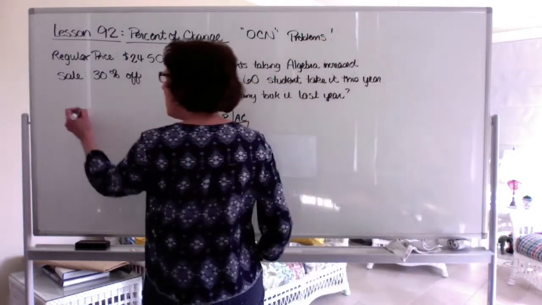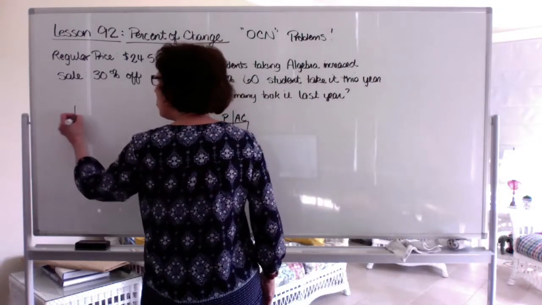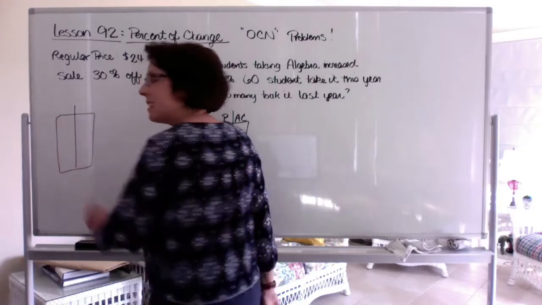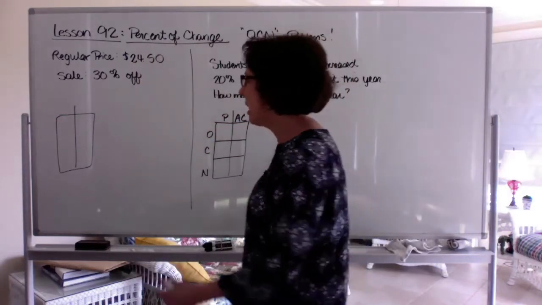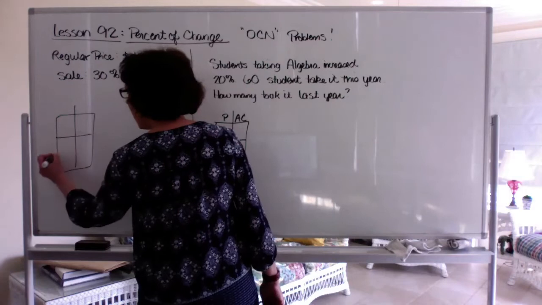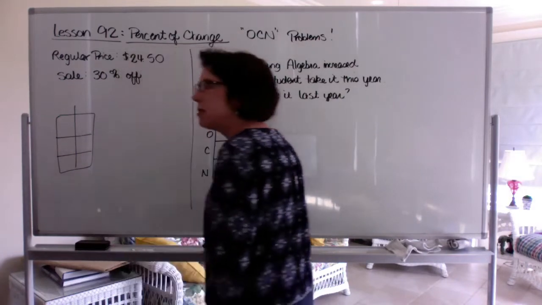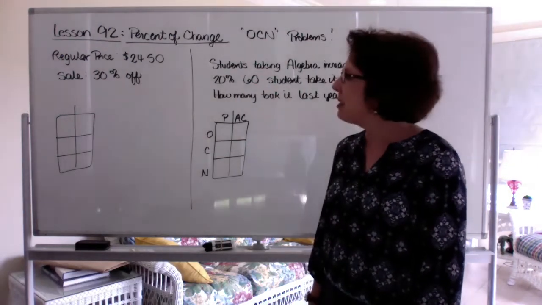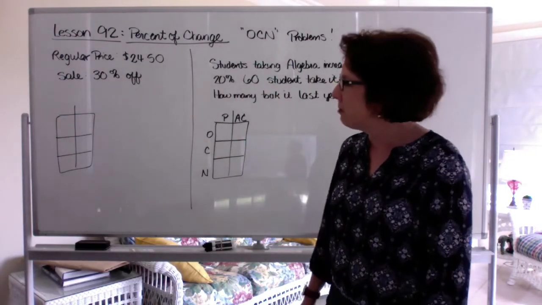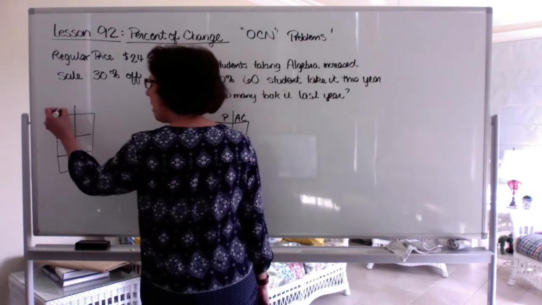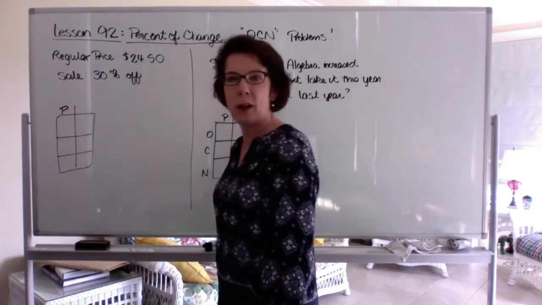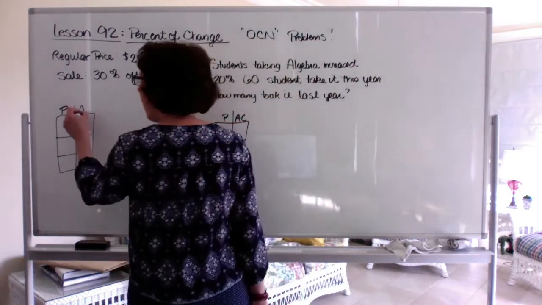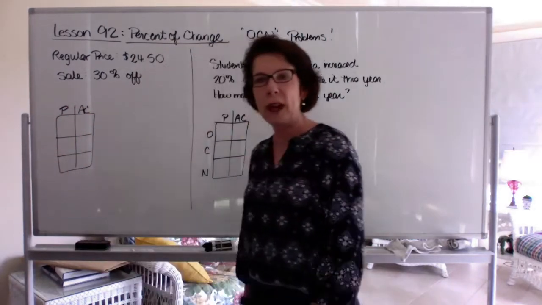So the way we do these ratio boxes is a six-section box. So I'm going to go ahead and do my 6 sections. We have another 6-section box where we've done ratio totals, but this is for percent of change. Now I'm going to put percent up here instead of R for ratio. And I'm still going to put AC for actual count over here.